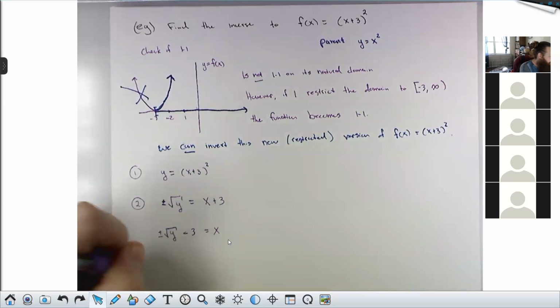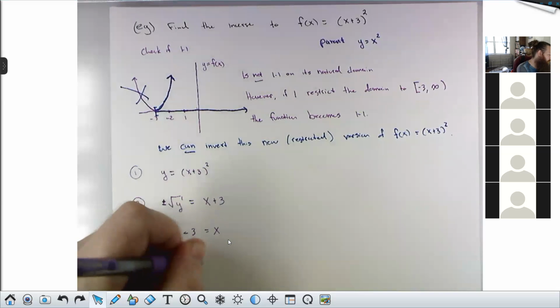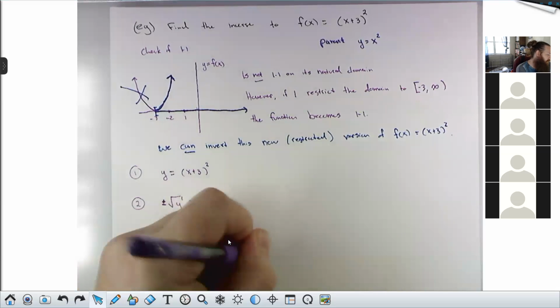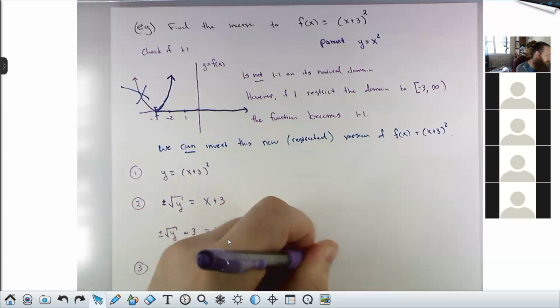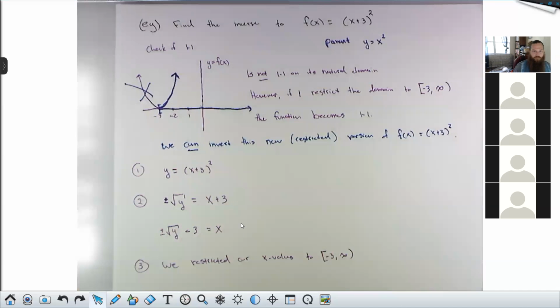Now here comes the fun one. We restricted our x values to the interval -3 to infinity, right? The domain is the x values, and we restricted the domain to this interval, -3 to infinity. You need to choose the plus or the minus. That's the thing, right?